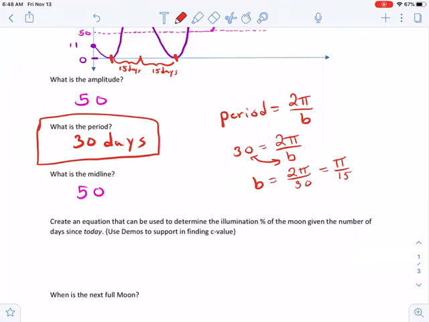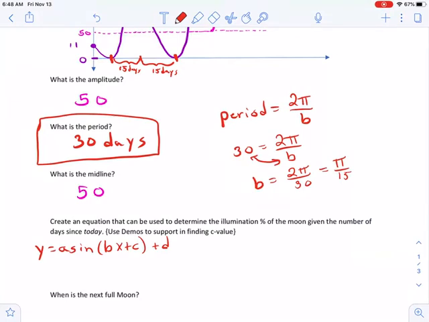And then in my equation here, y equals a sine b of x plus c plus d, I know a lot of these pieces of information from what I already have. I definitely know my b value because I already explicitly solved for it. But what I can also say is that my midline is my d value. That's my vertical shift.